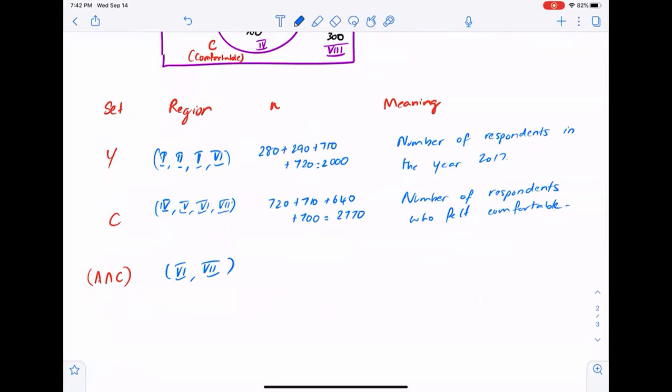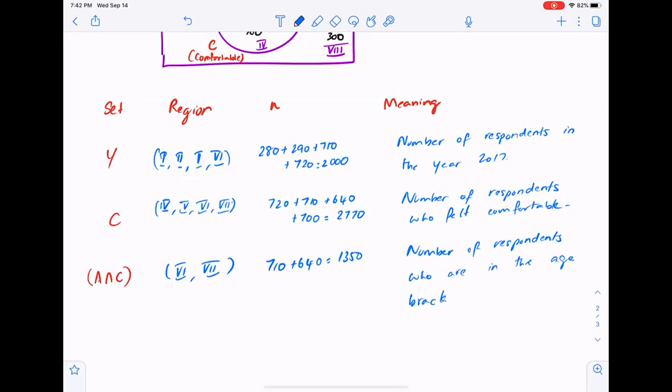We have a total of 710 plus 640, 1350. So that would mean the number of respondents who are in the age bracket 18 to 34 and are comfortable learning that their family member is LGBTQ.